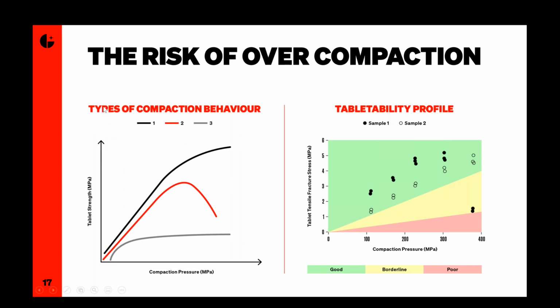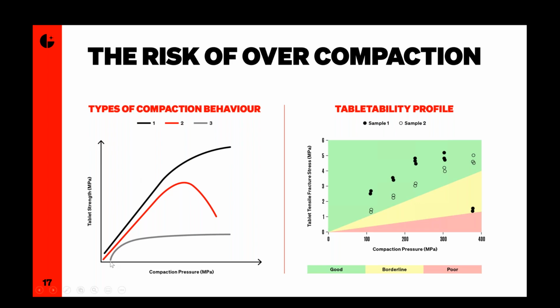There are three types of compaction behavior that you see when you increase compaction pressure. The first one, type 1, is the one that we hope for, where as you increase the compaction pressure, the tablets are getting stronger and stronger. The payback, the increase, is getting smaller and smaller, but you're still getting an increase in tablet strength as you go up in compaction pressure.